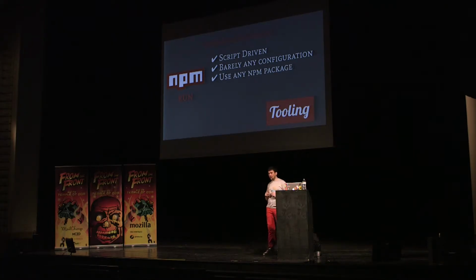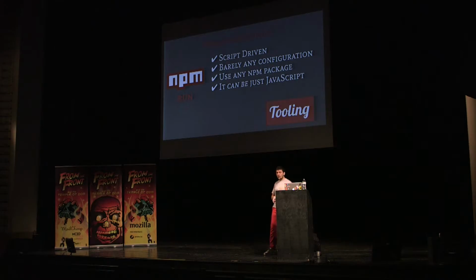There's barely any configuration, as we will see in a bit, but you pretty much don't have to do anything. And the cool thing is that you can use any npm package that you want. You don't have to just use the plugins that are written for gulp or for Grunt or for Broccoli or whatever. You can just use any package that has a CLI for it. And like I said, it can be just JavaScript if you set the environment to Node.